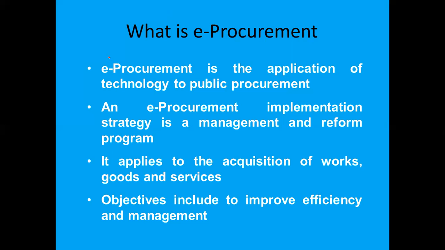E-procurement means purchasing through electronics. Whatever things you have been purchasing in the last three to five years is nothing but the e-procurement process, simply doing online business. So e-procurement is the application of technology to the public procurement, right? To the public procurement.